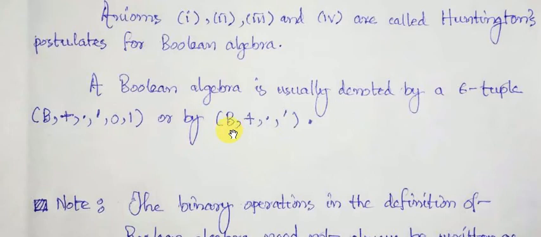And here B is the non-empty set, plus is the binary operation, dot or multiplication is another binary operation, and complementation is the unary operation. In place of this plus addition and multiplication dot, we are using the notation union and intersection respectively. That means in place of addition, we are using the union of two sets, and in place of multiplication, we are considering the intersection of two sets.